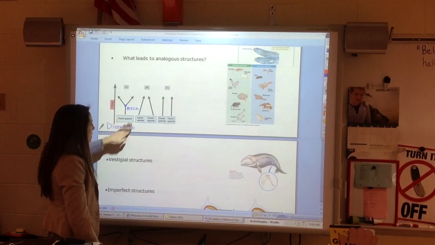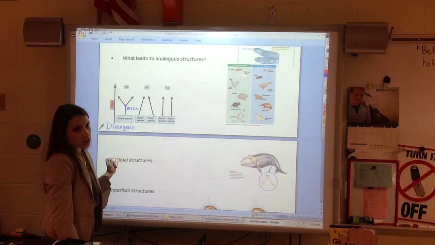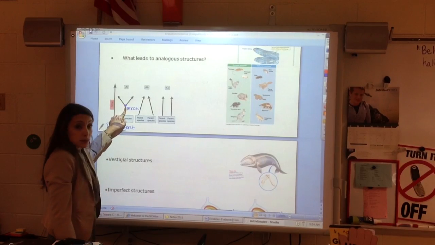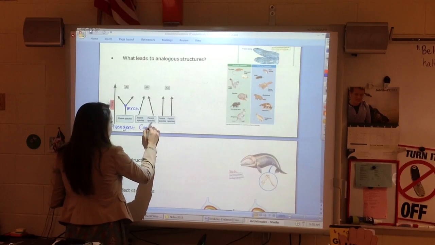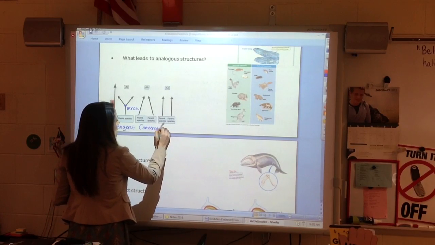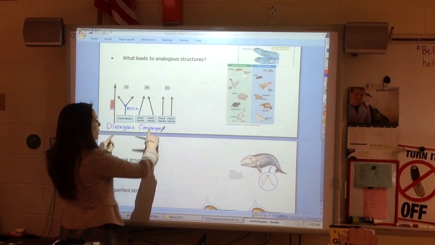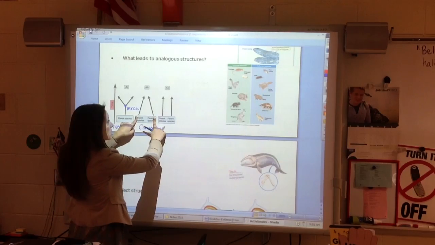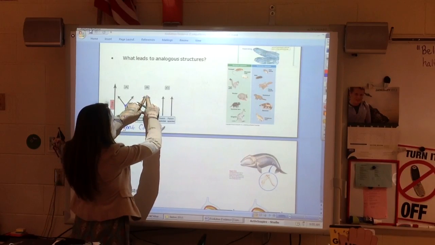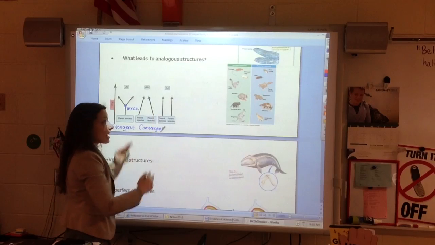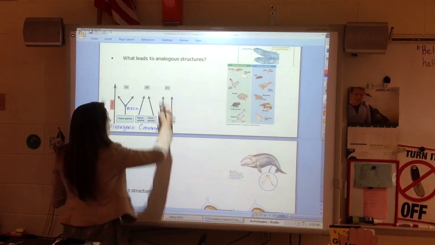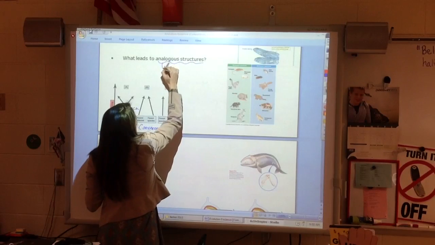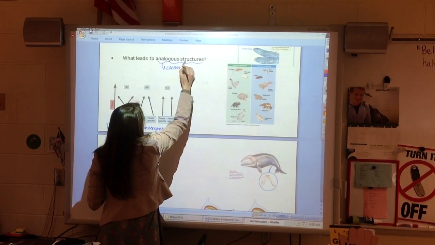And so it's this idea that you did share a common ancestor for specific structures. The next idea is called convergent evolution. And convergent evolution is where two very different parent species experienced a similar environment, and those pressures led them to similar structures. And so analogous structures are really the result of convergent evolution.